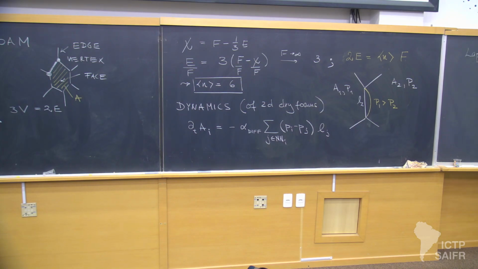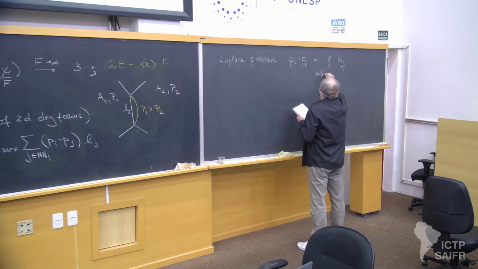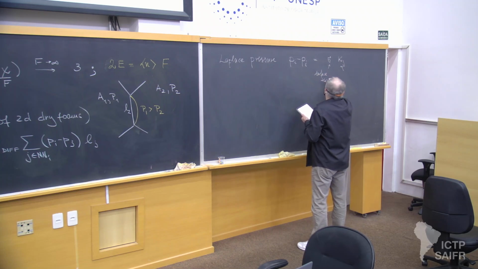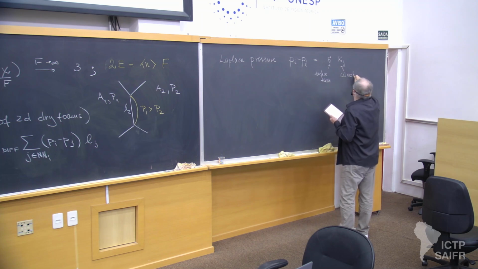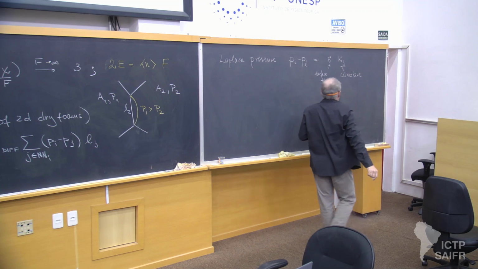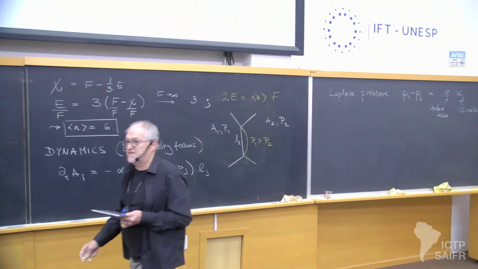And remember, sigma is the surface tension. And that's the curvature, to be precise. It's the mean curvature, but we don't have to worry about this. It's a two-dimensional system, so curvature is fine.